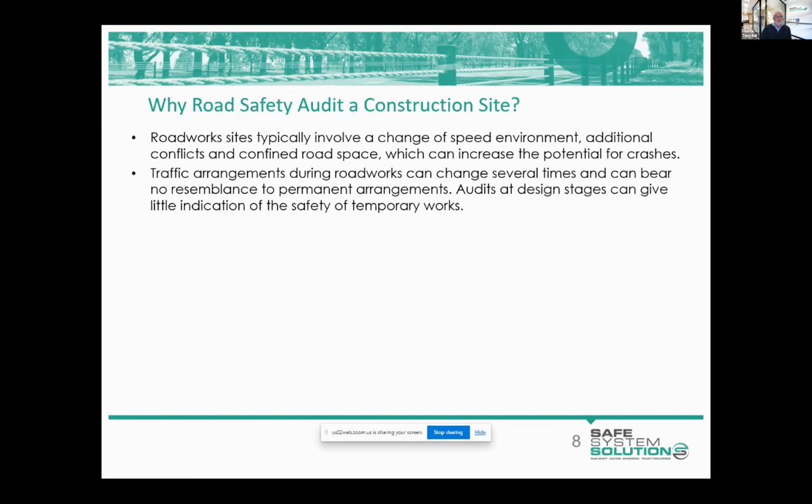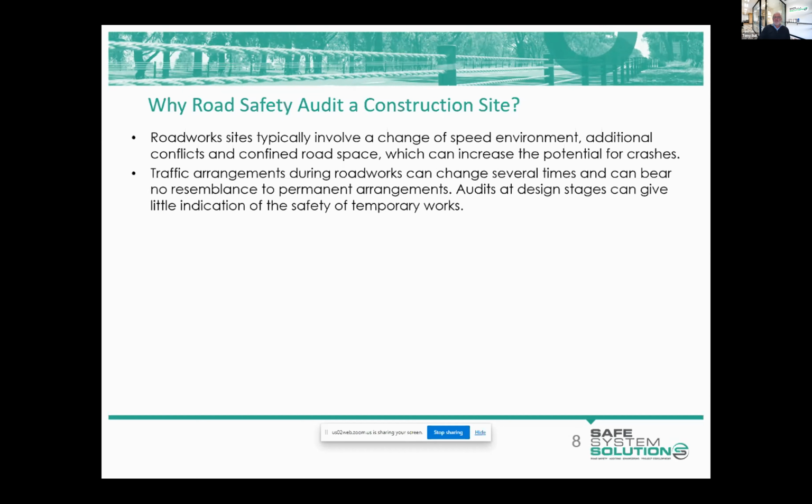The TMP, traffic management plan, is that whole suite of information that is required to ensure the site is managed in a safe way. So it should include emergency contact numbers. It should include if there are schools or bus routes or bus stops or anything that could influence the road network that needs to be managed.